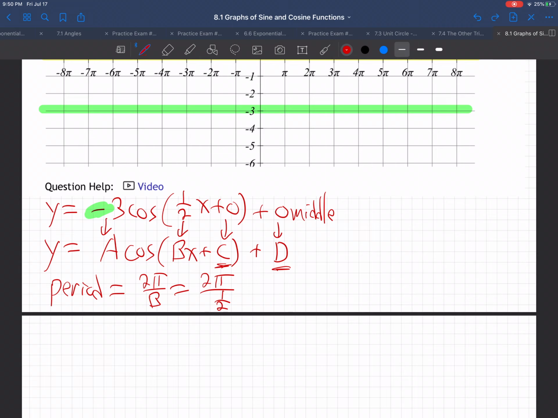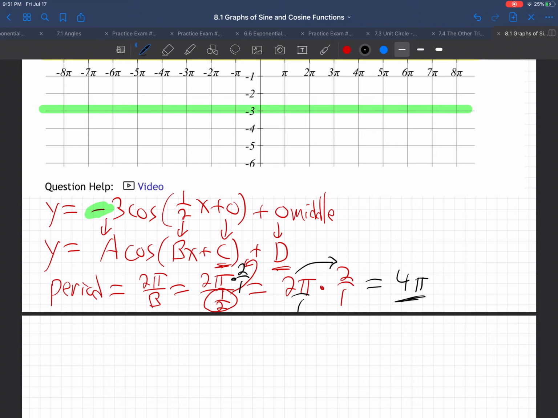So how do you divide by a fraction? You multiply by the upside down, right? You take that 1 over 2 and you flip it up to become 2 over 1, and you multiply, because dividing is upside down multiplication. To divide by a half is to multiply by 2 over 1, and so 2 pi times 2, that's 4 pi. So there's the period. The period is 4 pi.